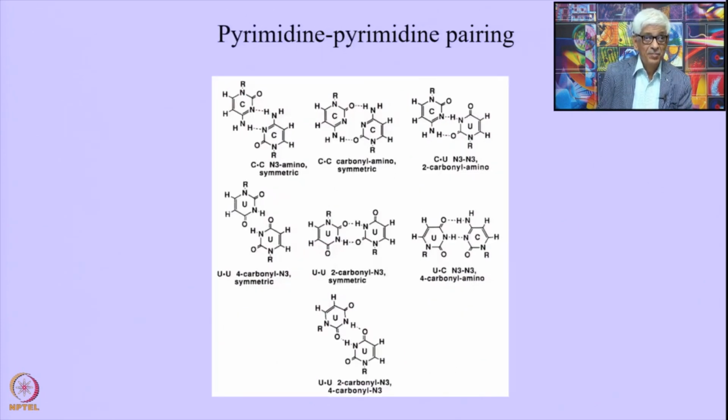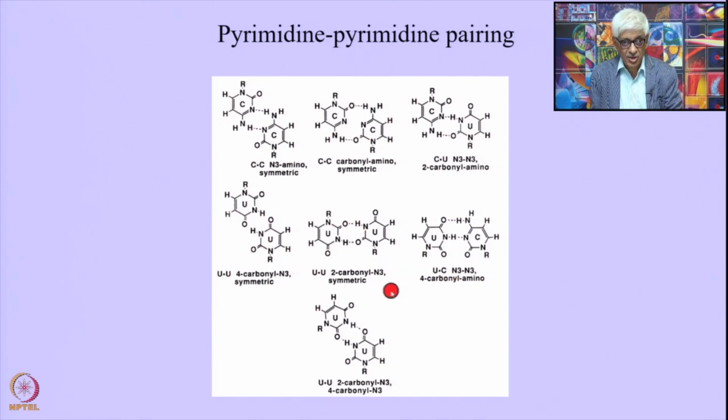Pyrimidine base pairing as well. Likewise, so far we looked at the pyrimidine base pairs. You have possibilities of C-C symmetric base pairing, C-C carbonyl amino symmetric base pairing, and a C-U pairing possibility through N3 here, and then U-U pairing, carbonyl N3 symmetric. We will not describe it in detail further, so just the main structures are shown here.